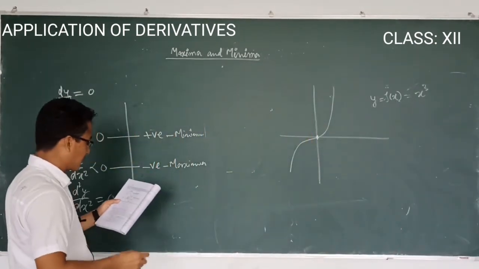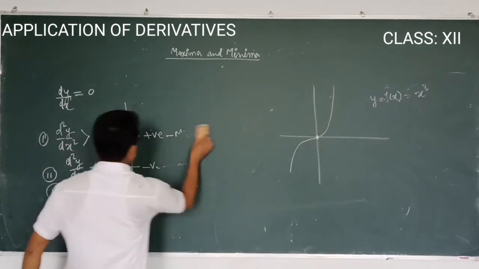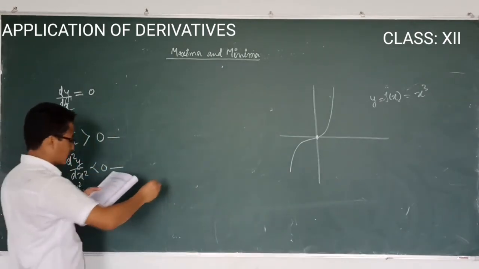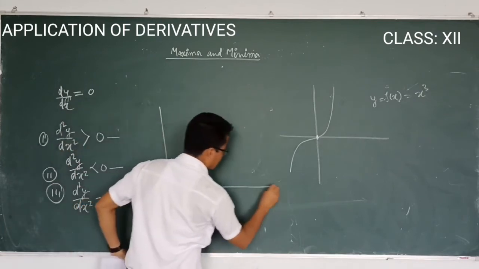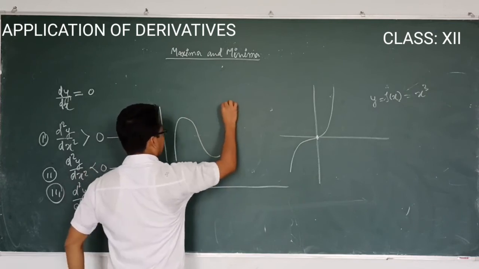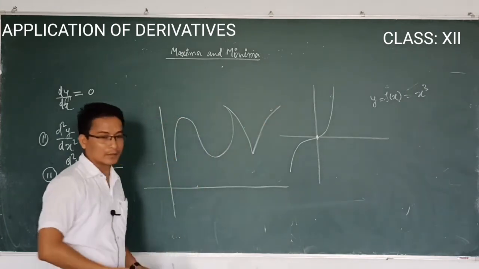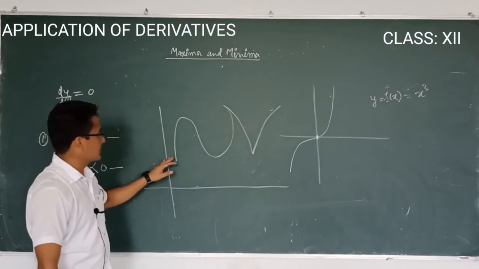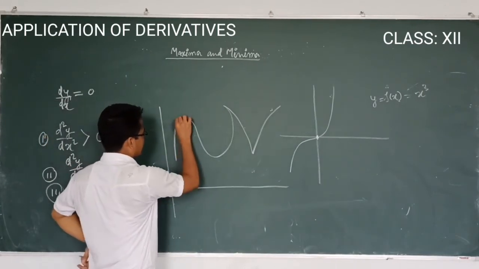Okay, so sometimes our curve is a little different from the others. Sometimes our curve is in this way also, like that: directly it comes and directly it goes.